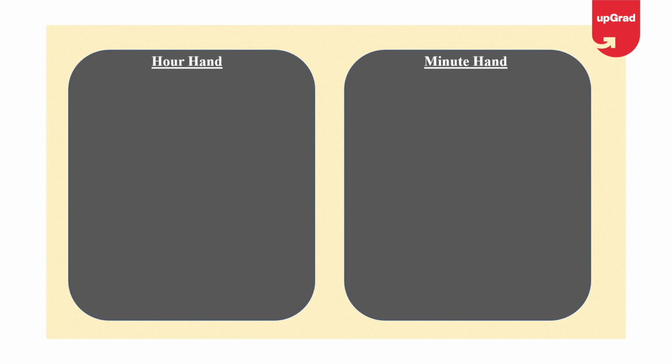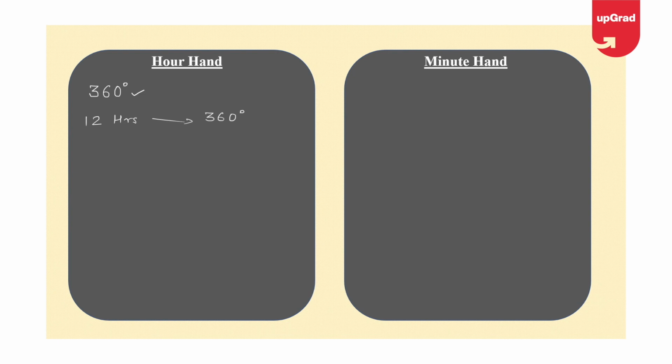Now I know that the complete angle of an analog clock is a 360-degree angle. So if I ask you a question, in what time will the hour hand complete this 360-degree round? Your answer should certainly be 12 hours. Which means in 12 hours, the hour hand completes a round of 360 degrees.